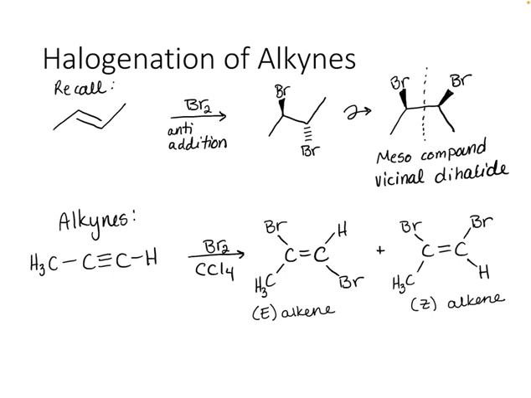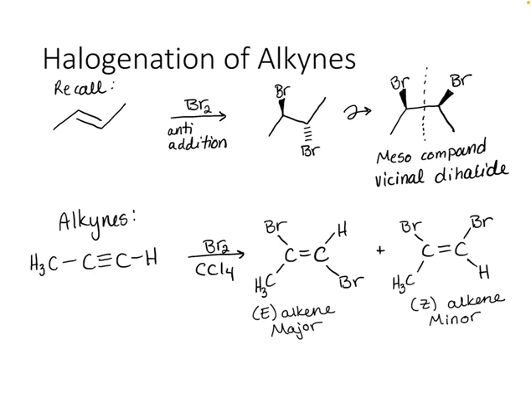So if those bromine atoms are large and have a lot of electrons, do they want to be close together or far apart? Far apart, because remember, in theories like VSEPR theory, electron groups want to be as far apart from each other as possible. So the E alkene will be our major product. The Z alkene will be the minor product.